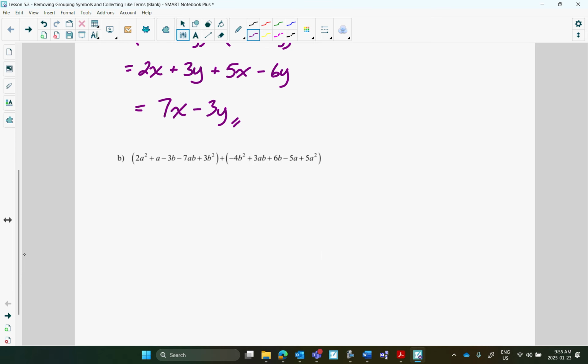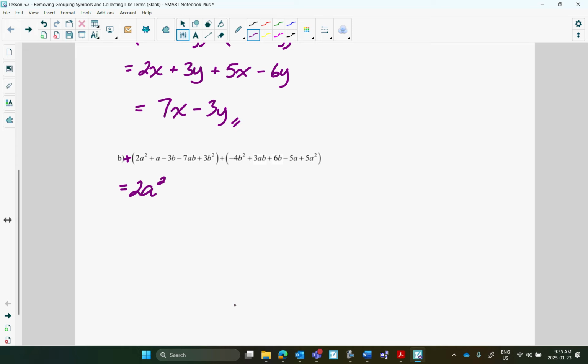This next one, well, there's nothing in front, so we assume it's a plus. And then we have to apply this plus to every term in the parentheses. But we saw before, it wasn't going to change any signs, was it? Plus 2a squared is just plus 2a squared.